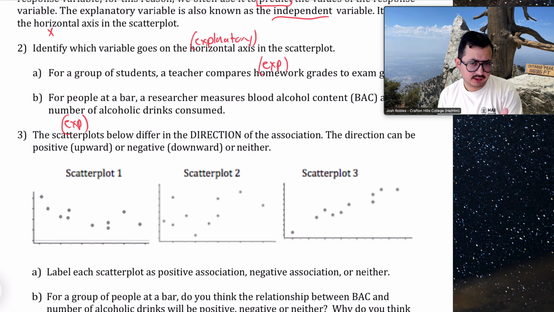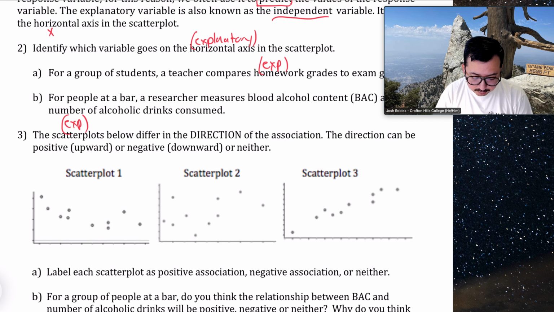If you look at a distribution of a single variable, you're going to want to describe the shape, the center, and the spread. And then we had specific vocab and methods and calculations to do that. Sometimes we just look at it, sometimes we calculate something, sometimes we do a little bit of both. So same thing here, we have three general categories, and then within those categories we have answers to describe that.